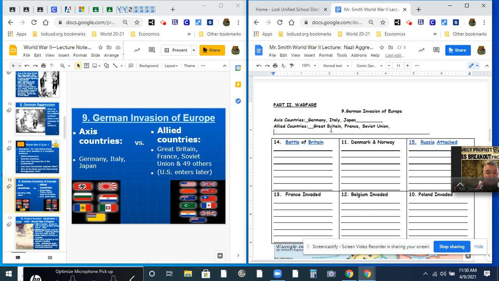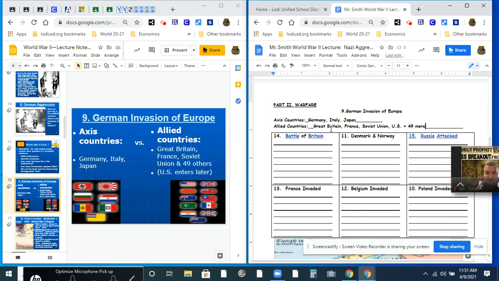It wasn't as big as Russia by itself. Soviet Union had a bunch more republics other than just Russia, but that's the biggest one. I'd add the US too, plus like 49 more. And then I get rid of all this extra space, because I think the notes should be as clean as possible.